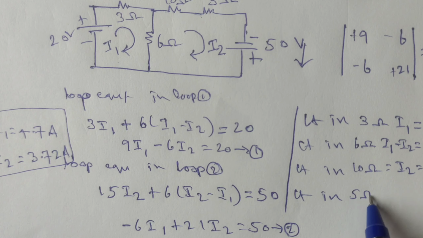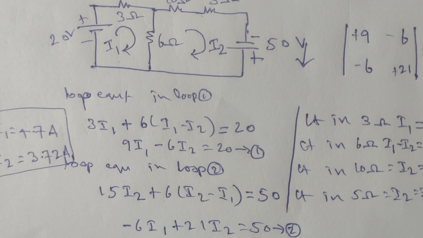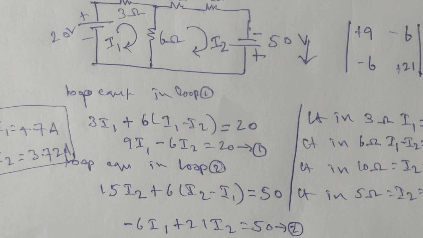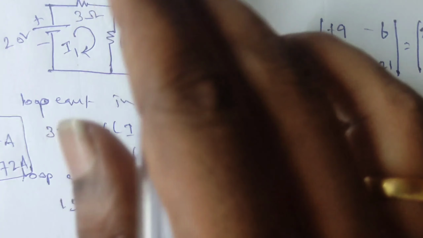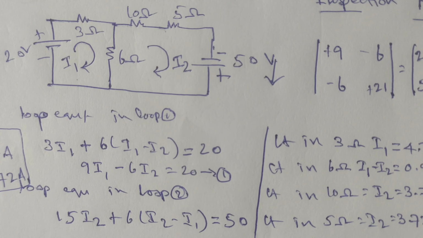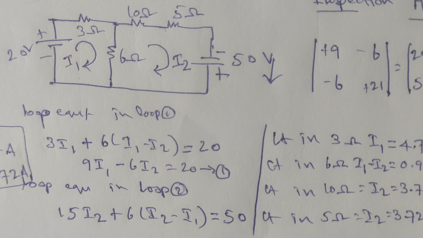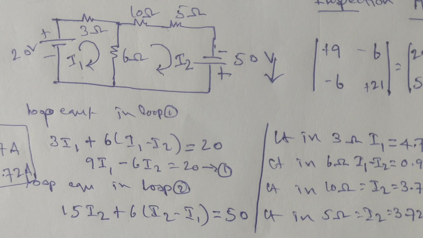The current in 5 ohm is also I2, which is equal to 3.72 amps. That's it. So here we have 4 resistances, and the current present in all 4 resistances has been mentioned over here. In this way we can determine the current across each individual resistance.